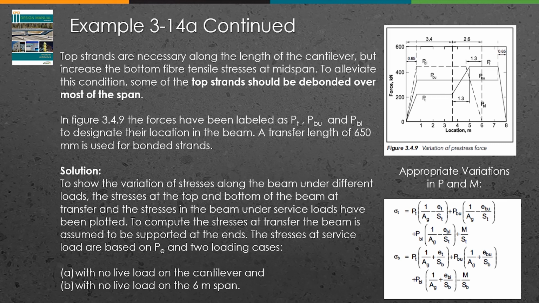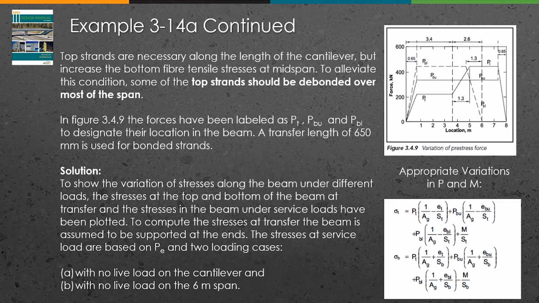Therefore, this here represents the behavior, the elevation, of the top strand that has debonded in the span. This one here represents the top strand that has not debonded, which is continuous all the way, and therefore it transferred here and maintained the stress all the way across.